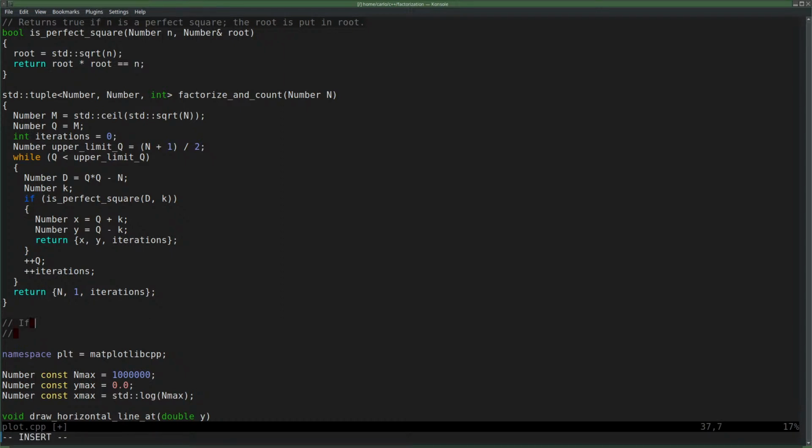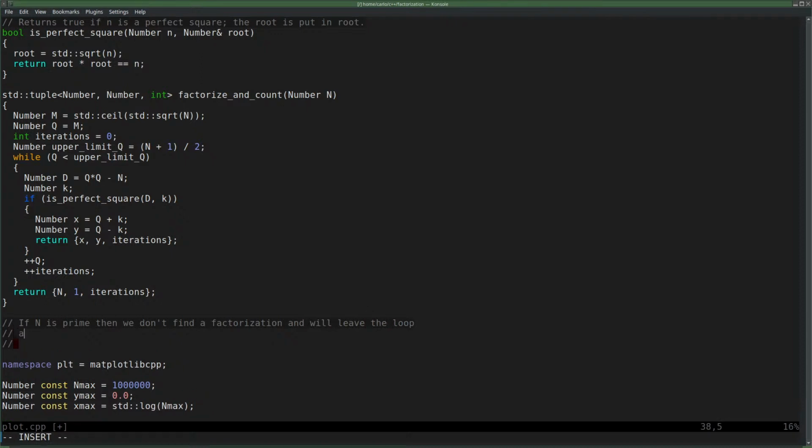Okay, so if n is prime, then we don't find a factorization, and we'll leave the loop after some iterations.